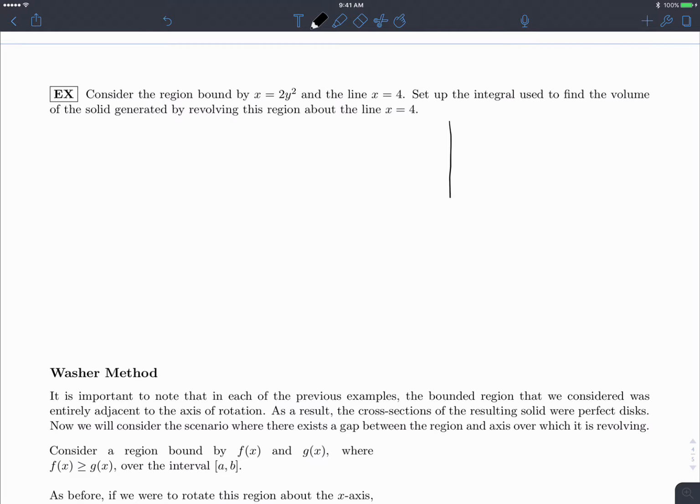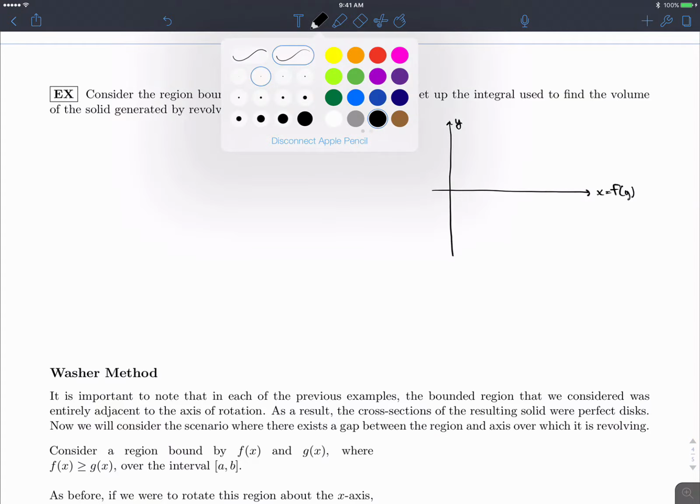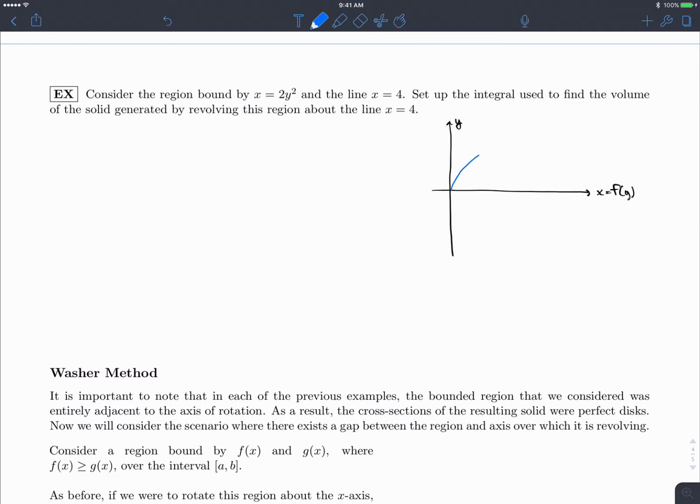Here is our y-axis, and our x-axis, and this curve is a function of y. So again, we've got ourselves this little tipped parabola, and this is x equals 2y squared, and then we are asked to bound this at the point x equals 4.